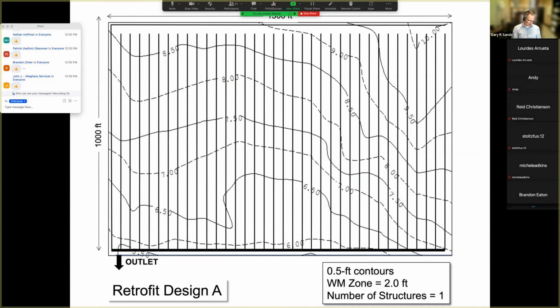Let's go for a literal approach and say, if we place an outlet right here, that outlet is at 5.5 feet. And by the book, that means our zone would go from 5.5 feet to 7.5 feet. So then we look for the 7.5-foot contour, which is right here.